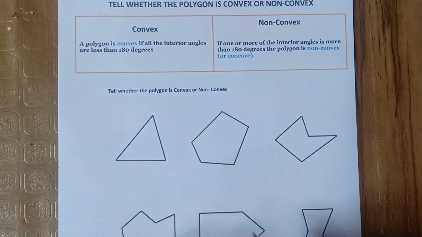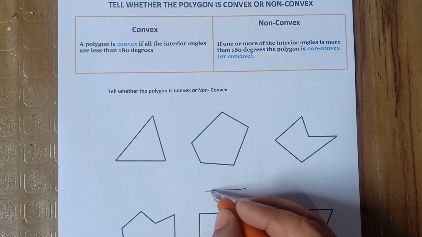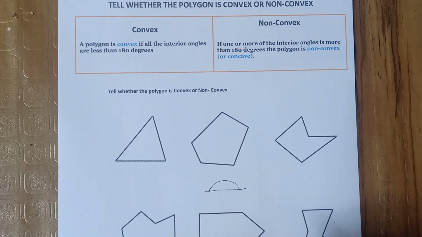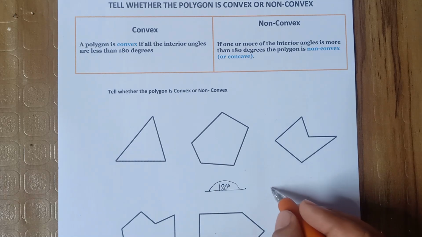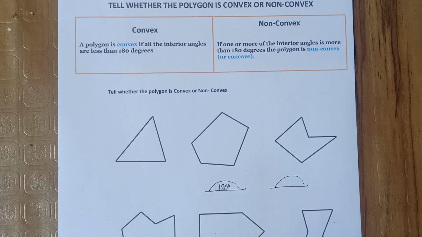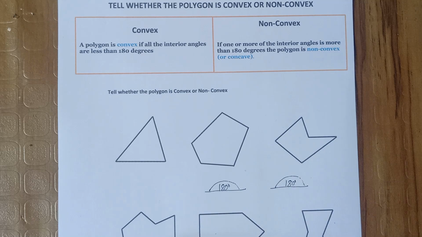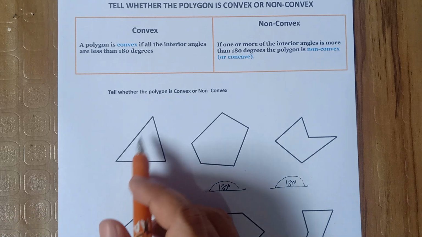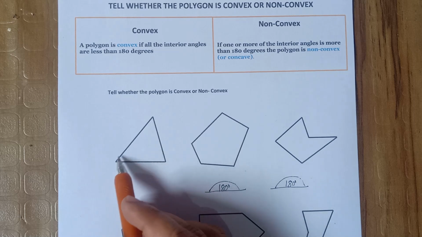Now, of course, we know that if we have a straight line, we can form a straight angle, right? Now, a straight angle is always 180 degrees. So once again, class, if you have a straight line, you can form a straight angle, and a straight angle is always a 180 degree angle. So based on this given illustration, class, we know that this interior angle must be less than 180 degrees.